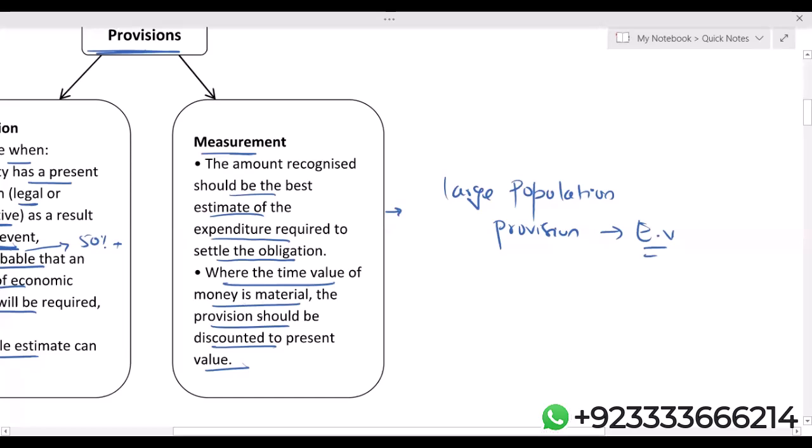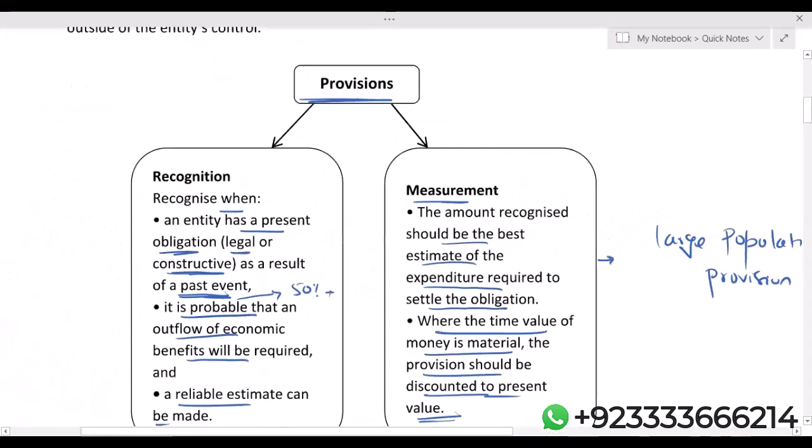It is not mentioned in IAS 37, so I'm just giving you the professional judgment. If something is claimed after 12 months, you have to make the provision at its present value. But even if the claims are coming after 6 months, you should be thinking of the present value of the provision. So where the time value of money is material, the provision should be discounted to the present value.